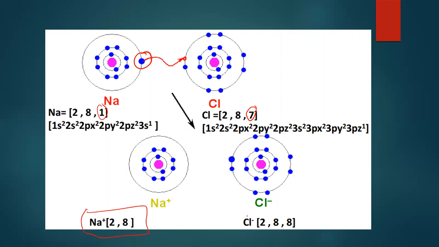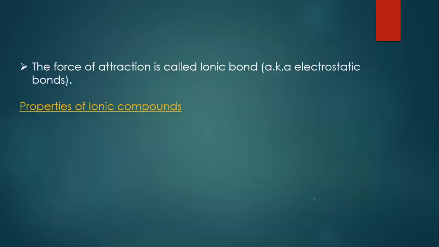Yeah, so even chlorine, you can see that it has gained 1 more electron, and it now has 8 electrons in its outermost shell, meaning it's now stable according to the octet rule.